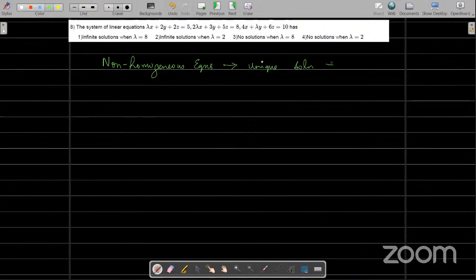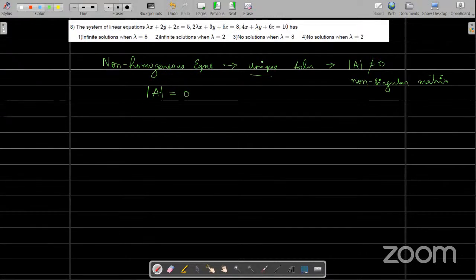I should have the determinant of the matrix not equal to 0. That means it should be a non-singular matrix. Now, what are the things he has given? Either infinite or no solution, right? Now, this case will happen only when the determinant of A is equal to 0.